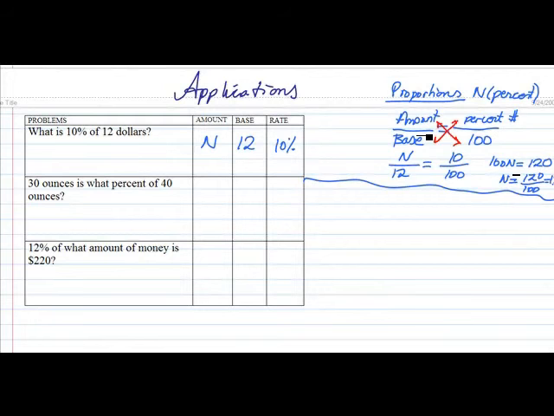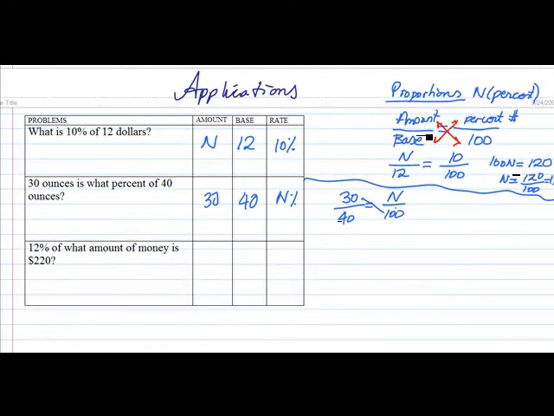30 ounces is what percent of 40 ounces? What percent? That means you don't know N. You're looking for N%. 40 is your base, and 30 is your amount. So let's write it down. The amount over base, 30 over 40, equals N, you don't know, over 100.